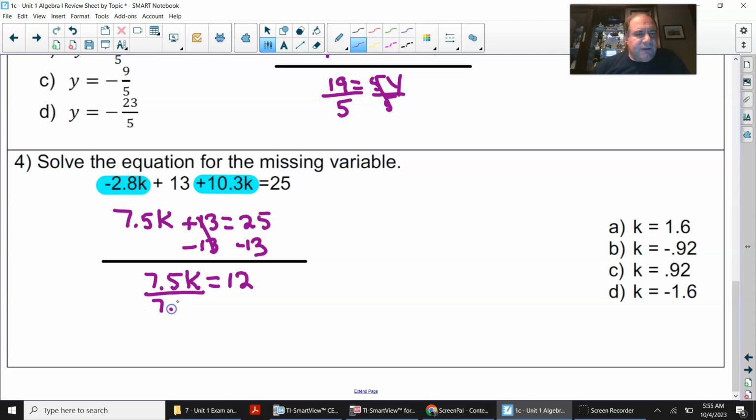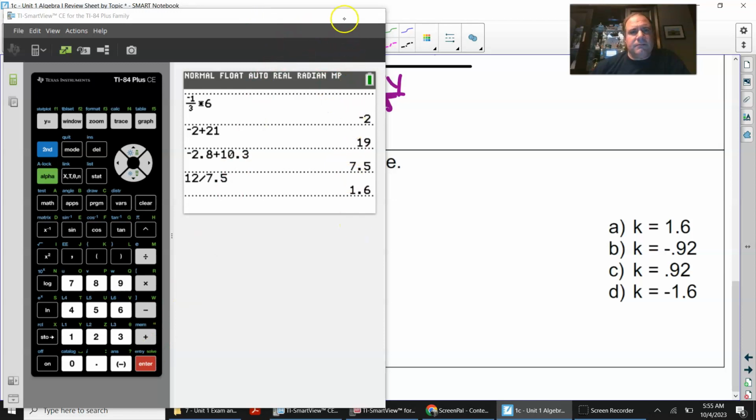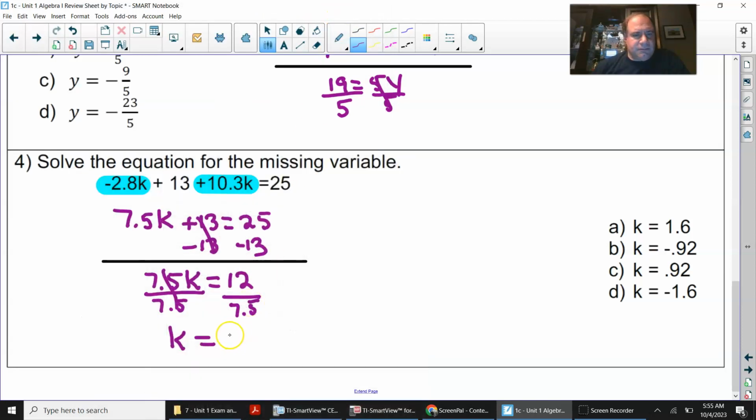Divide by 7.5. 12 divided by 7.5, I don't know what that is. So I'm going to grab my calculator. 12 divided by 7.5 is 1.6. Positive 1.6. And A is your answer.